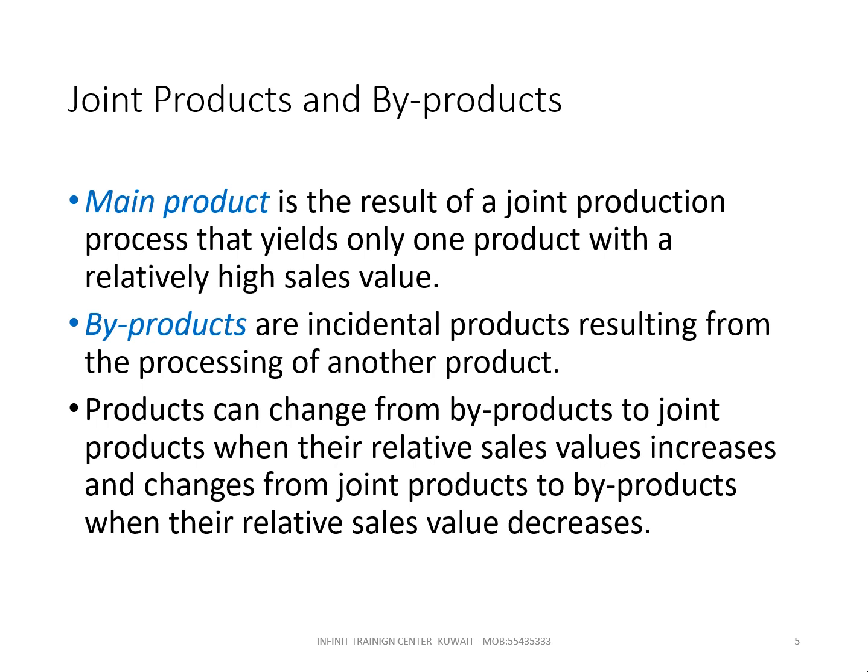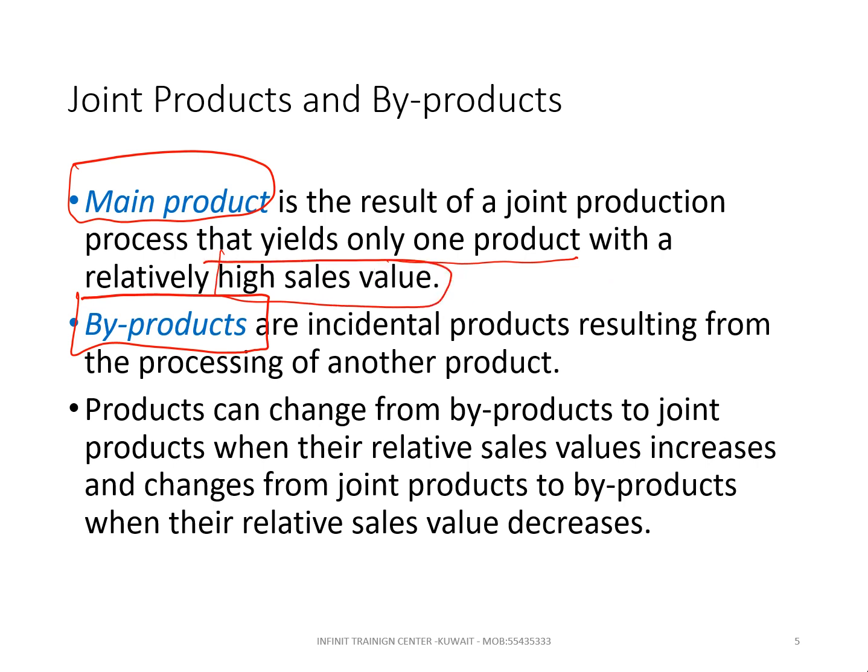Okay, and we have the concept of main product and byproduct. We will be studying how to do accounting for byproducts by the end of this presentation. So a main product, as we know, is the result of a joint production process that yields only one product with a high sales value. And byproducts are incidental products resulting from processing of another product. So what is a byproduct and a main product?